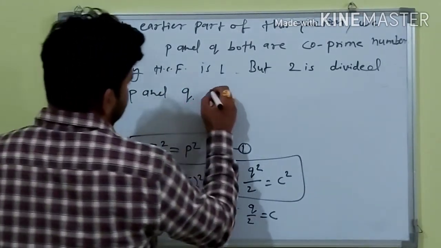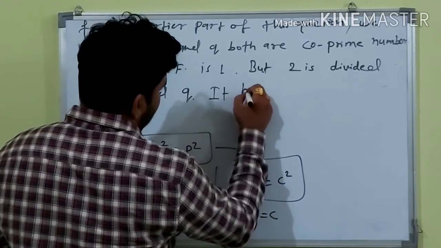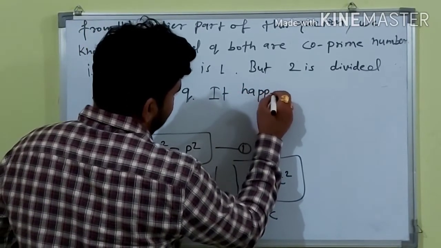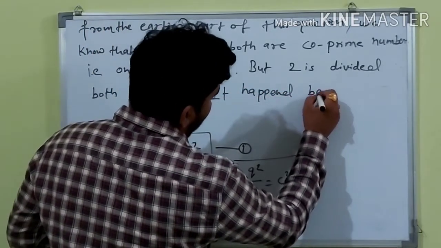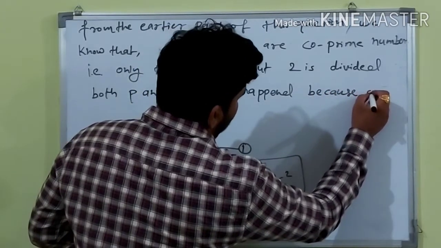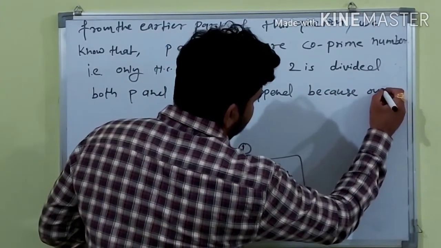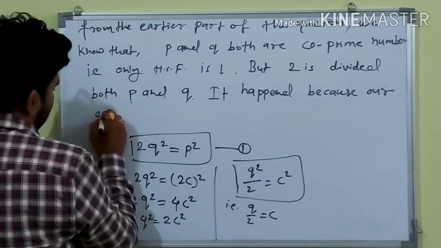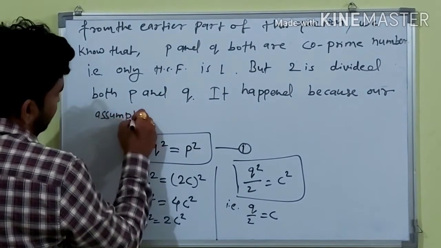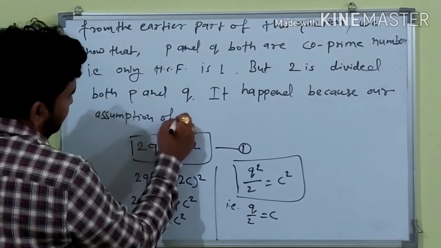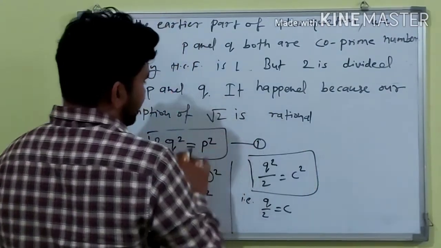It happened because of our assumption of rational.